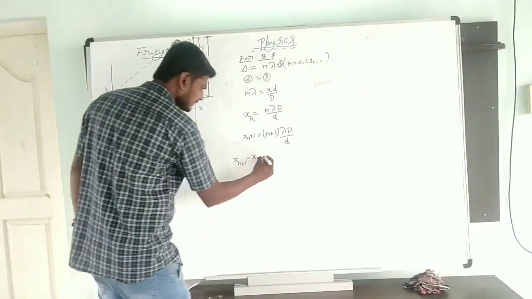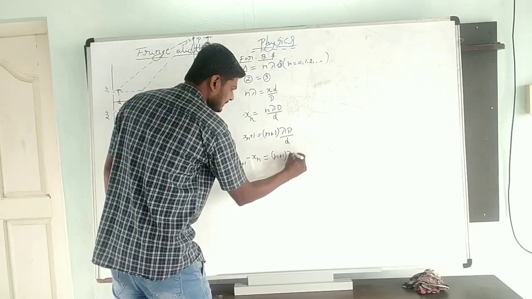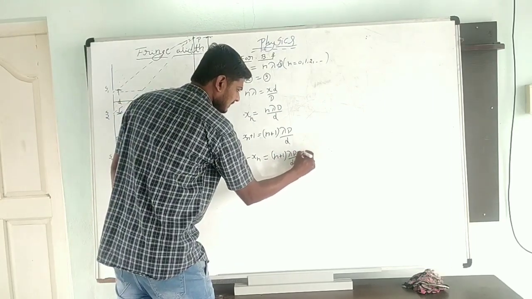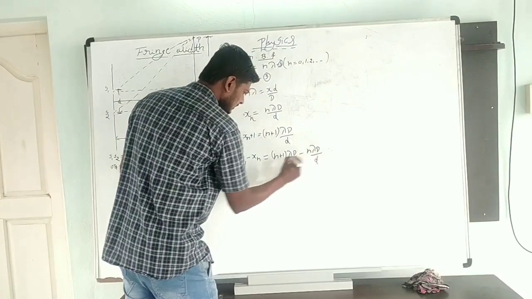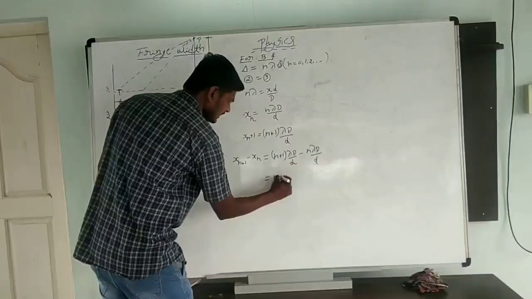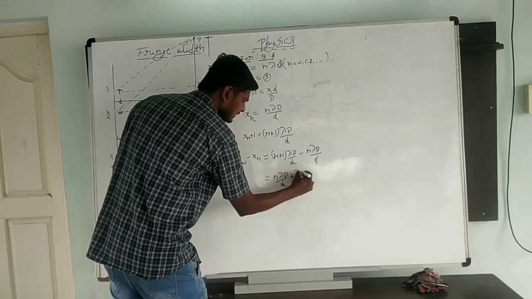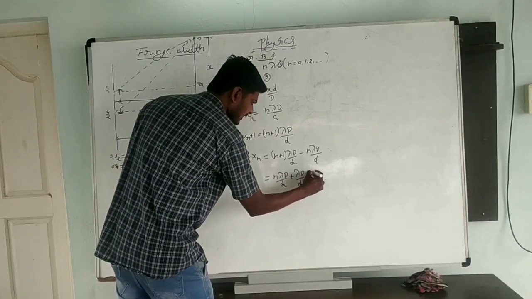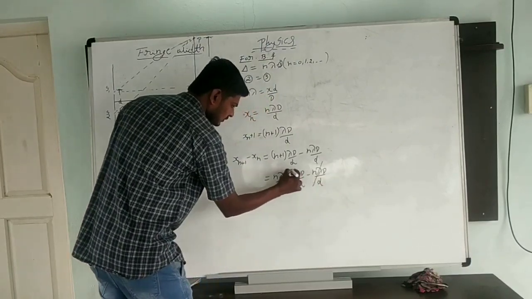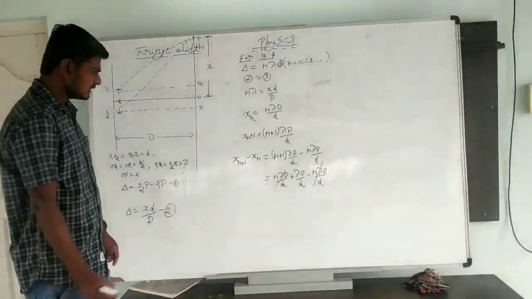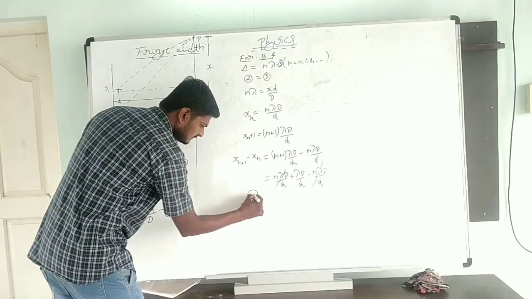Now, when I subtract, n plus 1 into lambda D divided by small d minus n lambda D divided by small d, I get n lambda D divided by small d plus lambda D divided by small d minus n lambda D divided by small d. The n terms cancel. This x n plus 1 minus x n I am going to write as beta.